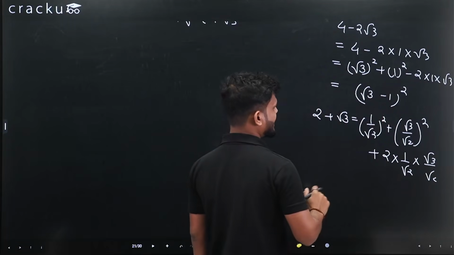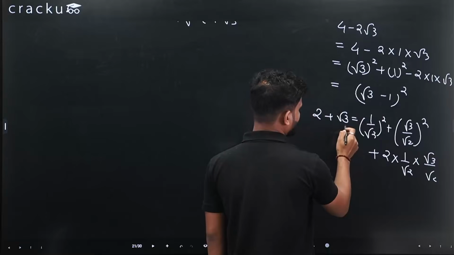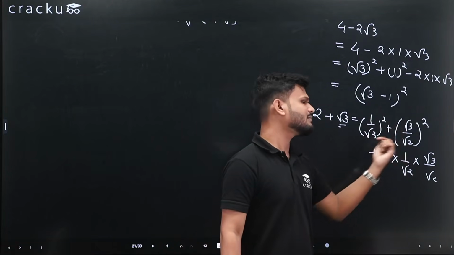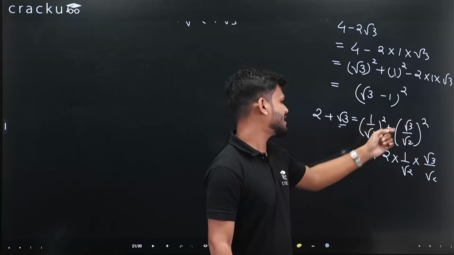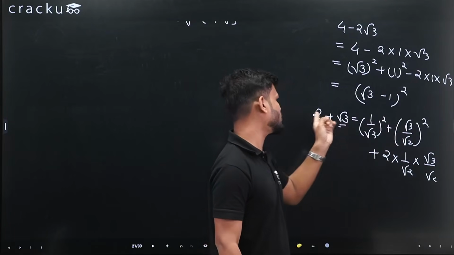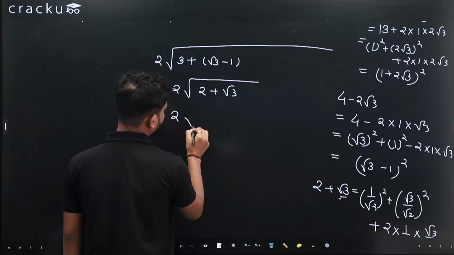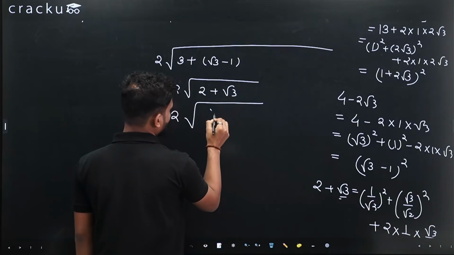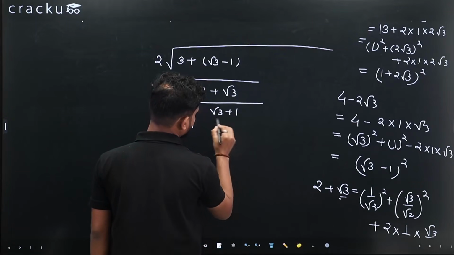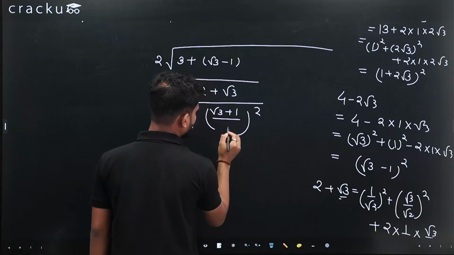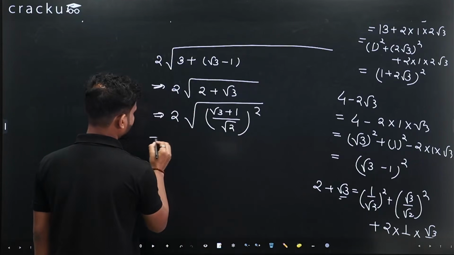This root 2 will get cancelled with this 2, it will be root 3. 1 by root 2 whole square is 1 by 2. Root 3 by root 2 whole square is what? It is 3 by 2. So 3 plus 1 divided by 2, it will be 2. So this is nothing but 2 into root 3 plus 1 divided by root 2 whole square, right? So this will be what?